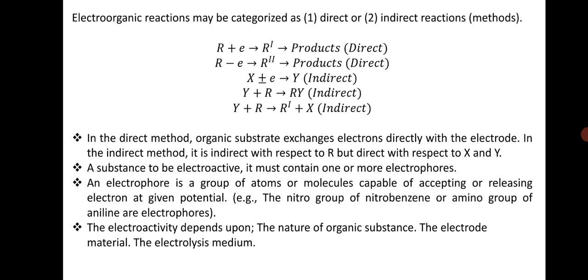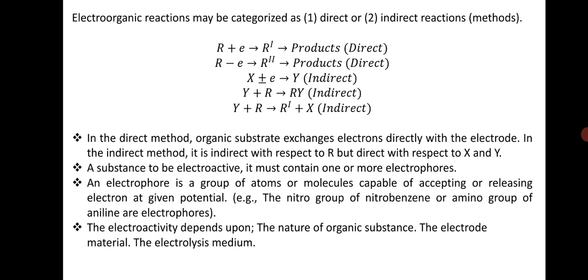So for a substance to be electroactive, it must contain one or more electrophores. What is an electrophore? An electrophore is nothing but like a functional group. An electrophore is a group of atoms or molecules capable of accepting or releasing electrons at a given potential.